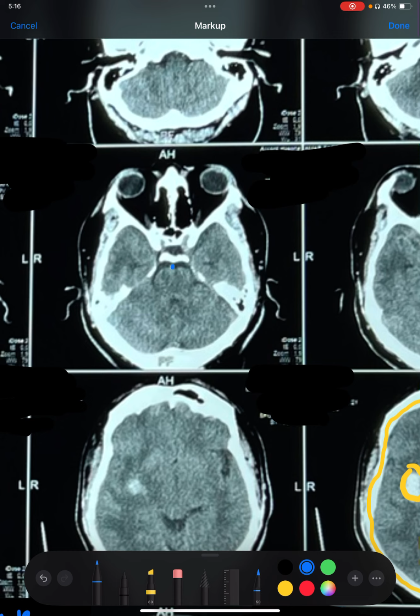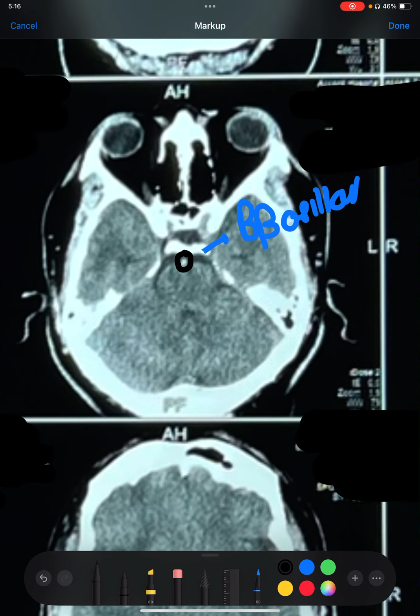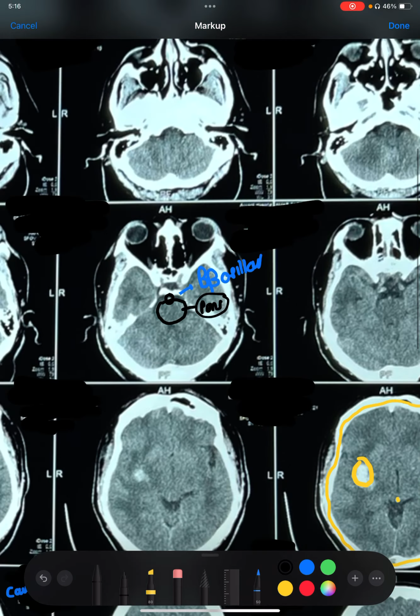This dot is the basilar artery, which is formed by joining the two vertebral arteries. You can simply see that again. This dense white structure is the basilar artery, and it is just in front of the pons. So the pons is a perfectly circular structure to understand. This is the cerebellum.